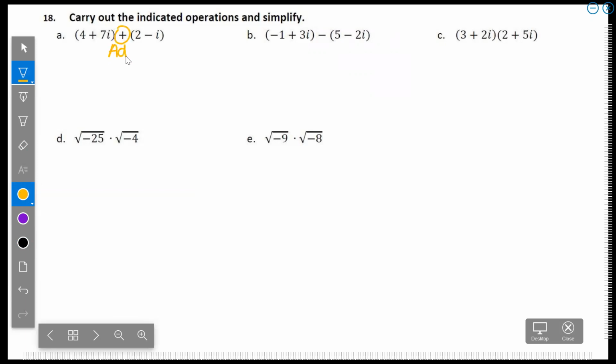We want to add these 2 together, so I'm going to line them up. 4 plus 7i. I'm going to put like terms underneath each other. So 2 and minus i. And I'm going to add them. So I get 4 plus 2, which is 6. And I have 7i minus i. 7i minus i would be what? 6i.